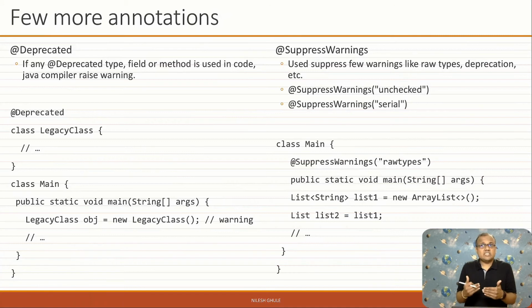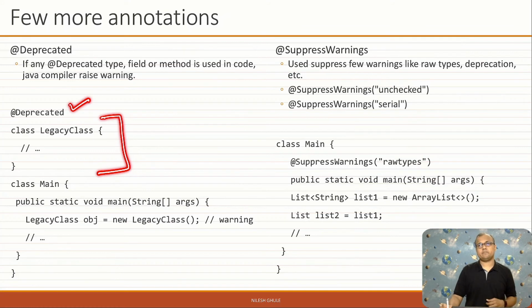If these classes or members are used in another class, the compiler will raise a warning. Here, in this example, a legacy class is marked with @Deprecated. Now, if someone tries to use this class to create its object or call some method, then the compiler will give a warning that this class is obsolete and should not be used.